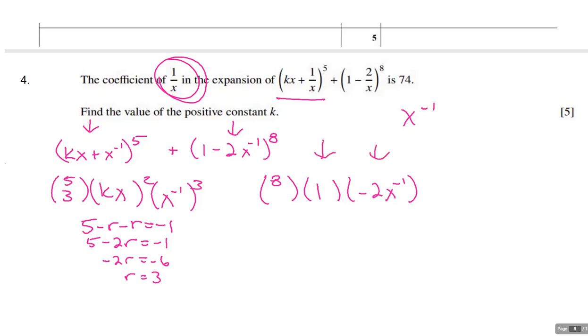So what power do I need to raise this term to so it ends up being to the negative 1 power? 1, right? Exactly. Because if this is a 1, it'll be negative 1 times 1. Now, if this is a 1, what does this one have to be? A 7. And then this has to be a 1.